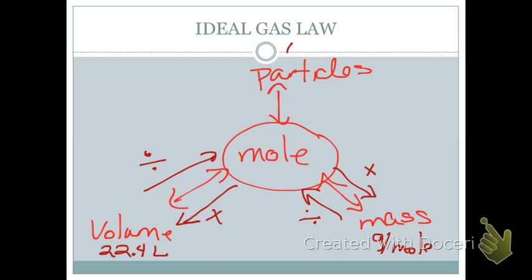And particles are Avogadro's number of 6.02 E23. To go from moles to particles, you have to multiply by 6.02 E23, and to go from particles back to moles, you have to divide by 6.02 E23. So remember your mole map.